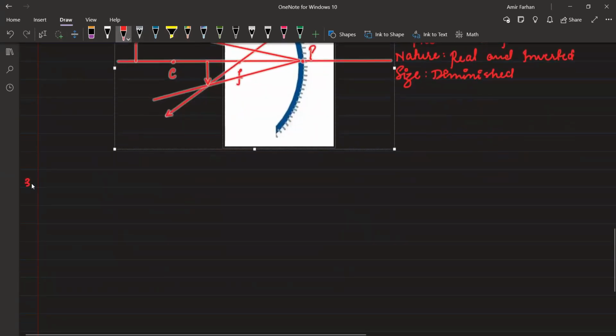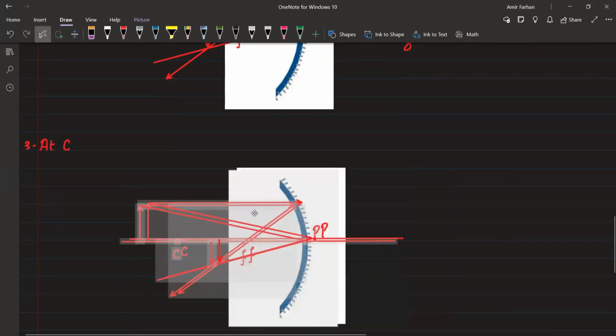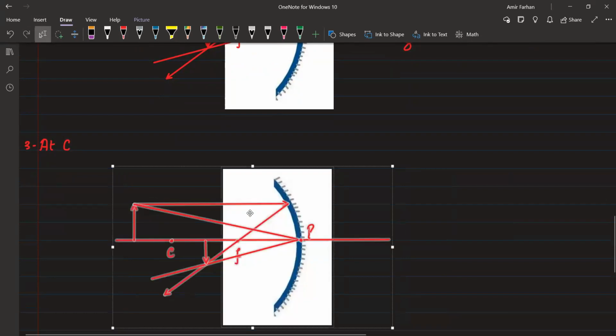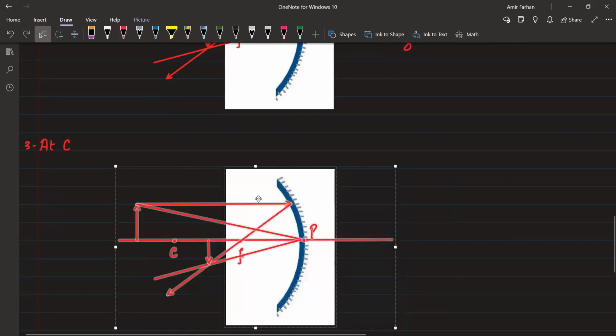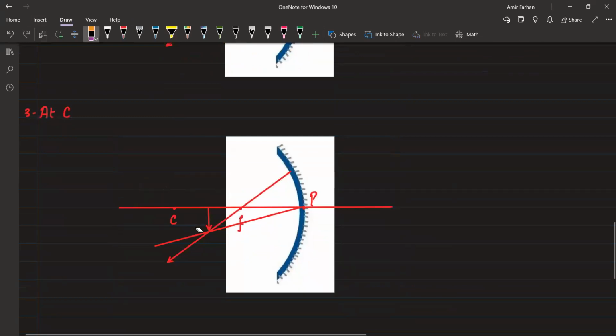It is the third case. At C. Clear? So it will be at C.